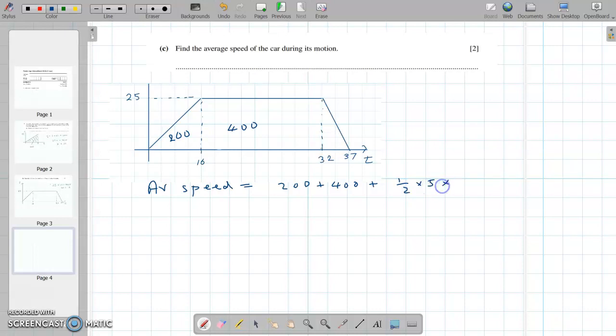The height of that triangle is 25. All divided by 37. Which comes to 17.9 meters per second.